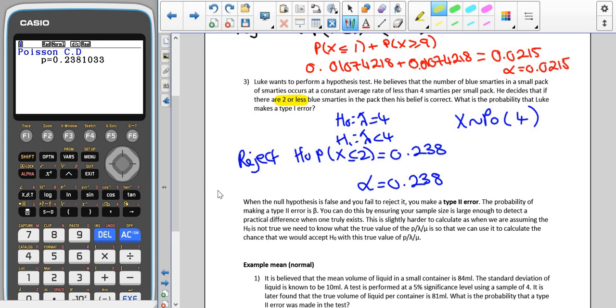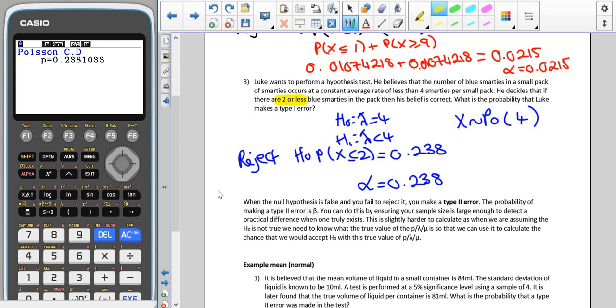If, however, you are not given the significance level, but you are given the criteria at which you are going to reject or even accept H0, then that is going to be what you're using to find out what your alpha is. If you are given the accept H0 region instead of the reject H0 region, then just remember that your reject H0 region is the other part of what your numbers are.